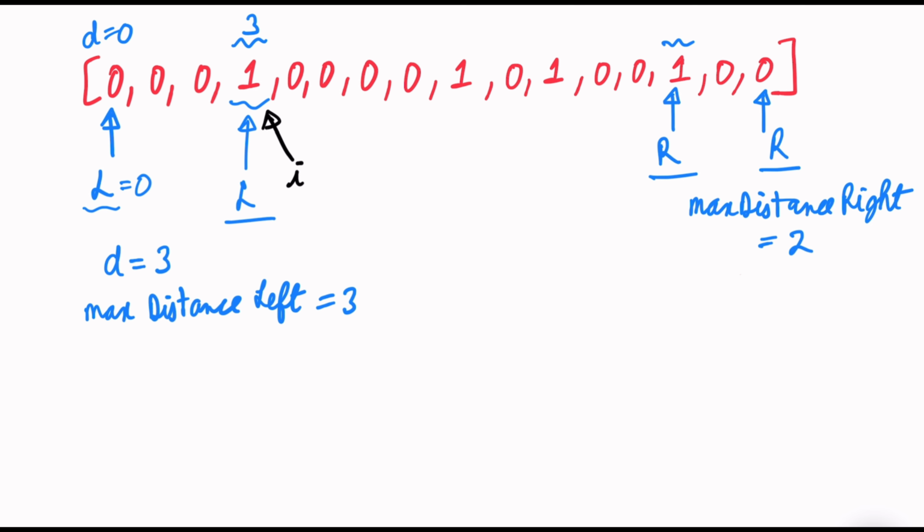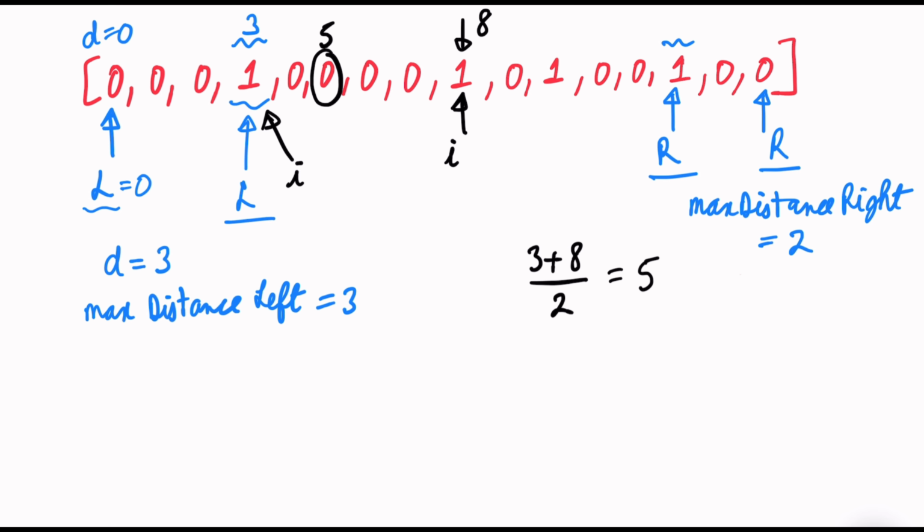The next index which is going to have a value 1 is this one. So our I variable is now equal to 8, and once I becomes equal to 8, we can find the seat which is at maximum distance from index 3 and 8 by calculating the middle index between index 3 and 8. And the middle index between 3 and 8 is going to be 3 plus 8 divided by 2, which is going to be equal to 5.